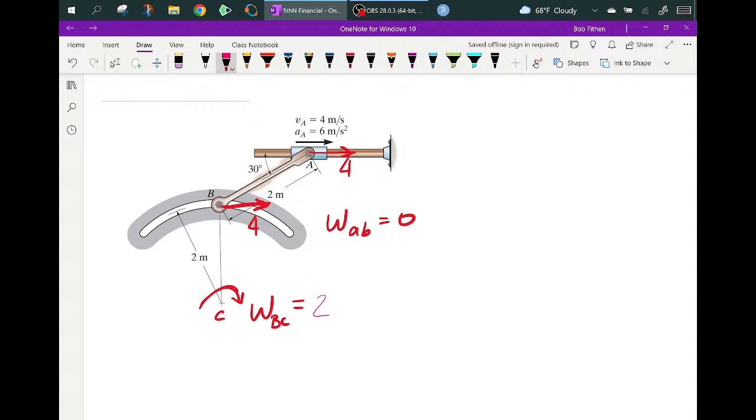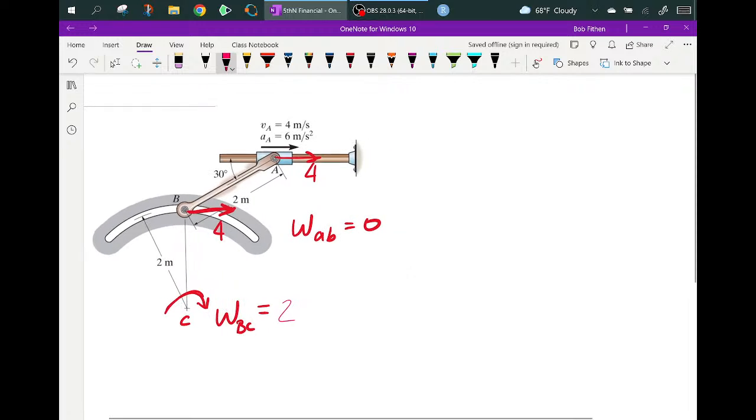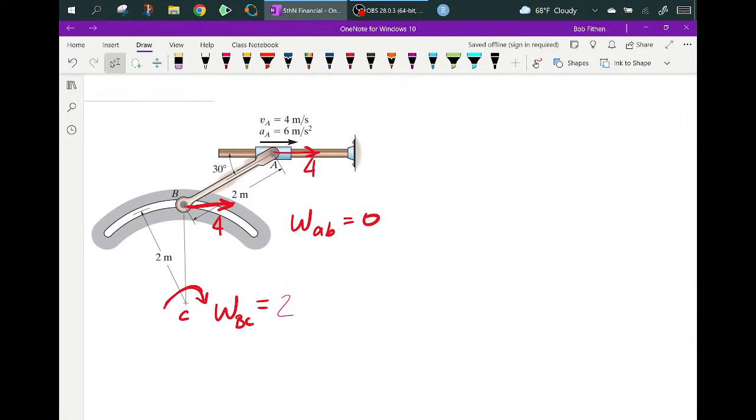Now, what we'll do is we'll go through this, and I'll pick another problem later. We'll go through it as well.